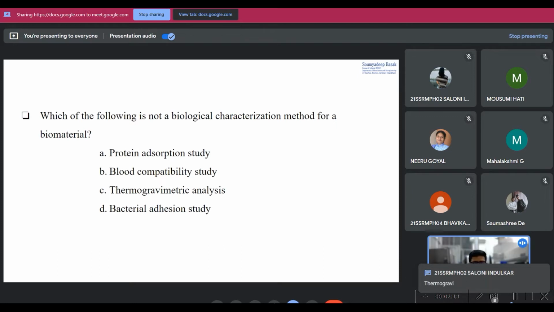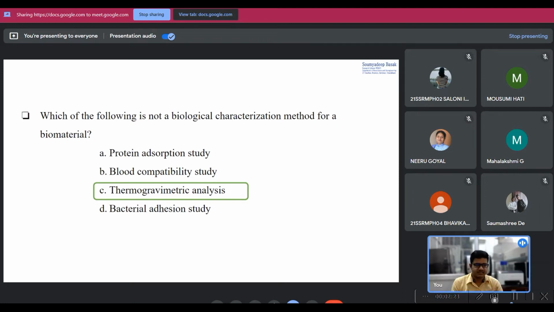Right, I am getting the responses. So it is thermogravimetric analysis, right? See, others are for biological characterization: protein absorption study, also blood compatibility, so hemocompatibility assays, bacterial addition study. Yeah, thermogravimetric analysis, TGA. So the basic principle of TGA you have studied.